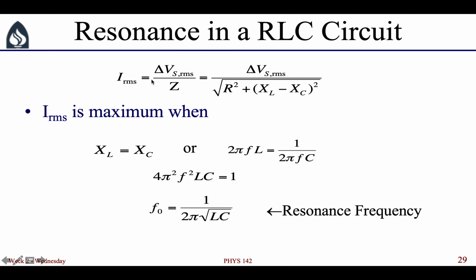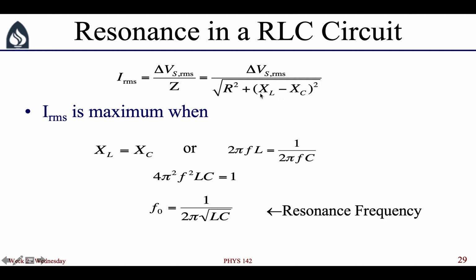Before, we saw that the voltage of the power supply is equal to the RMS current times Z, and that the impedance Z is the square root of R squared plus the difference between the two reactances. So when is the current going to be maximum? The current will be maximum when X sub L is equal to X sub C.